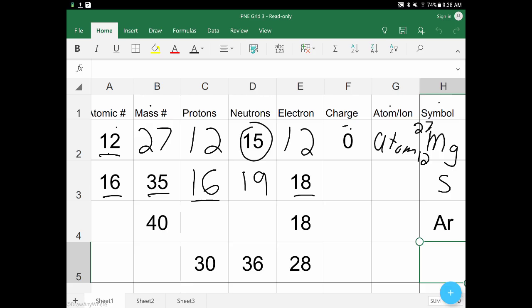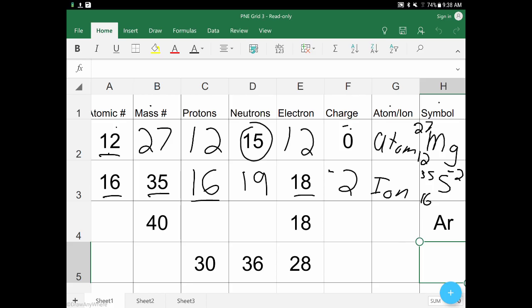Since there are 2 more negative charges, the overall charge is going to be negative 2. Now, since there is a negative charge, this is an ion. And over here, we're going to put the atomic number bottom left, mass number top left. And since this one has a charge, we're also going to put the charge in the top right.